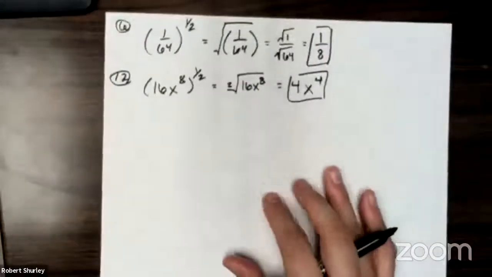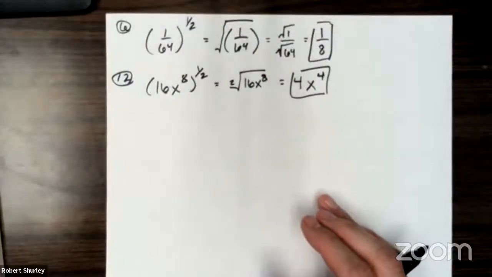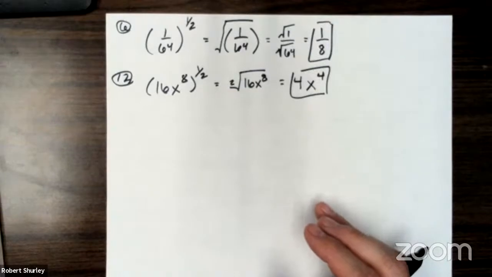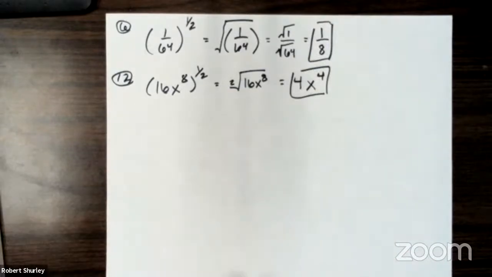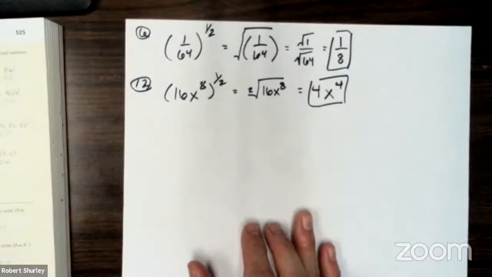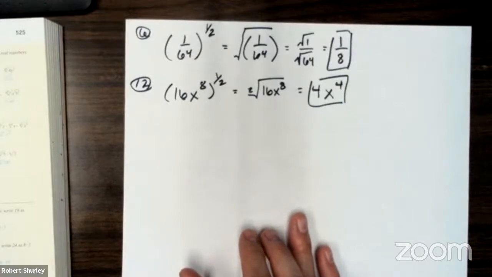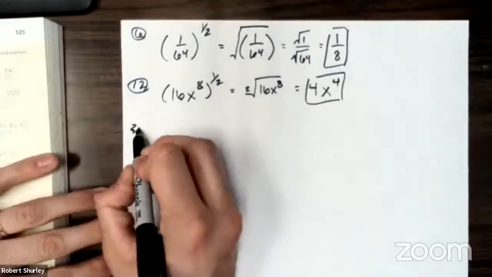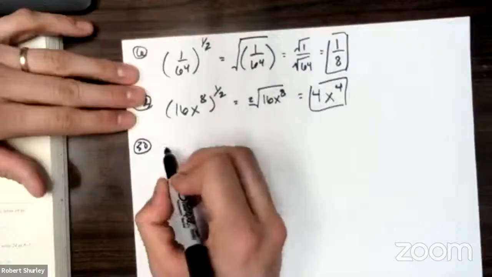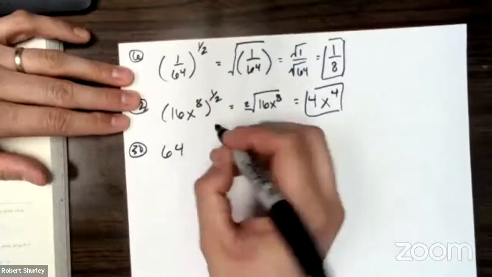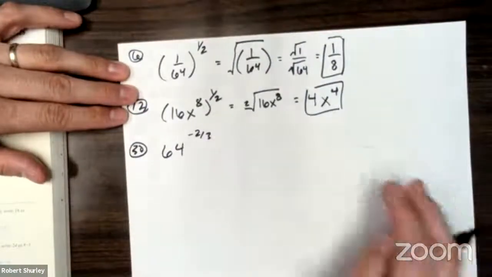So hold on, I'll pull this one out. So let's say we had, I'm going to steal it from the homework, yeah, like number 30 here. We've got 64 to the -2/3, right?